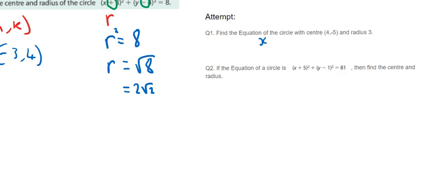So if I write down my general formula again, it's x minus h squared plus y minus k squared equals r squared. So I know that my center is hk and my radius is r.